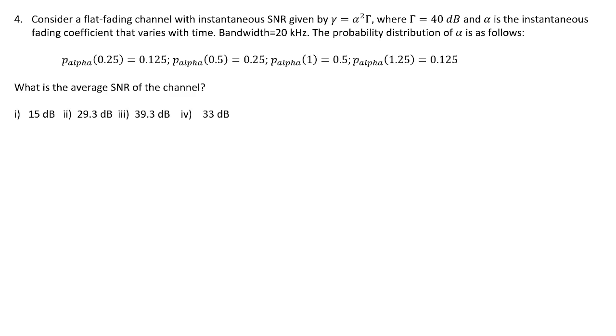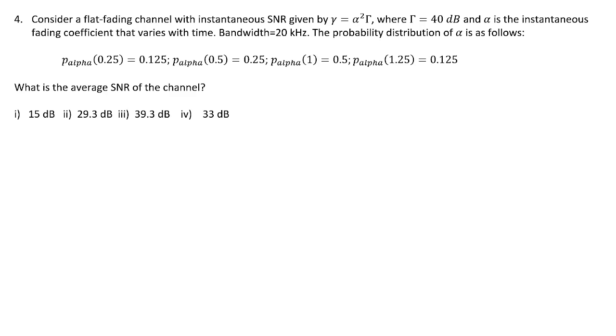Here we consider a flat fading channel with instantaneous SNR given by small gamma as alpha squared times capital gamma, where capital gamma value is fixed to be 40 dB in dB scale, and alpha is the instantaneous fading coefficient that varies with time, and the bandwidth is given to be 20 kilohertz.